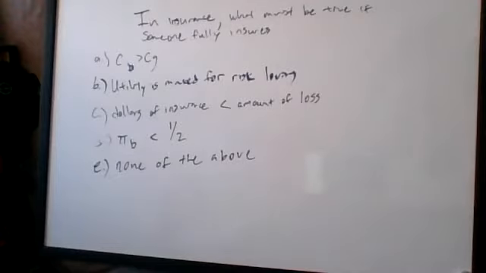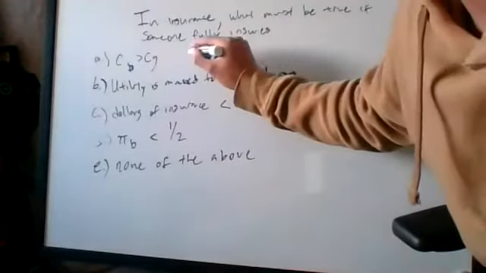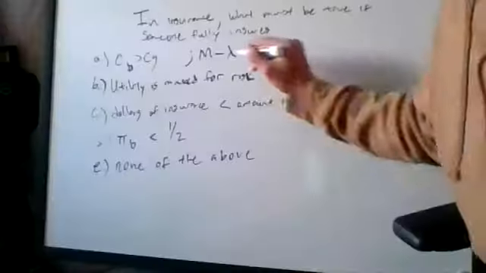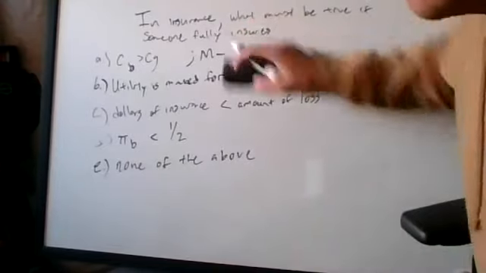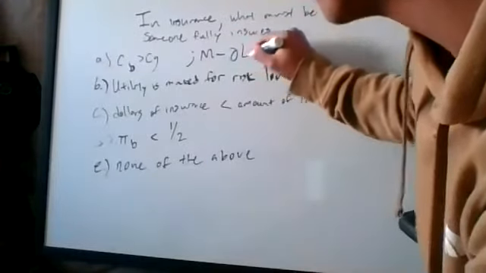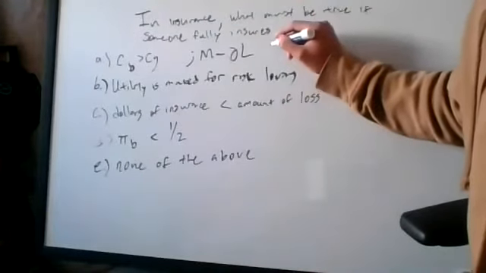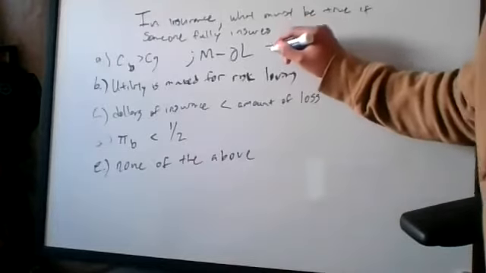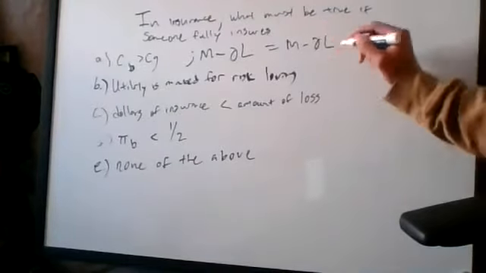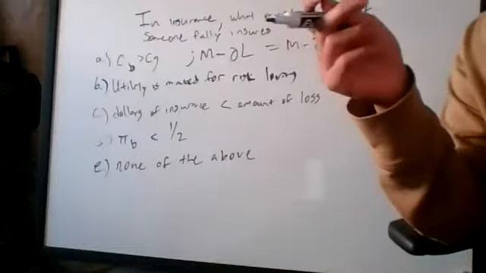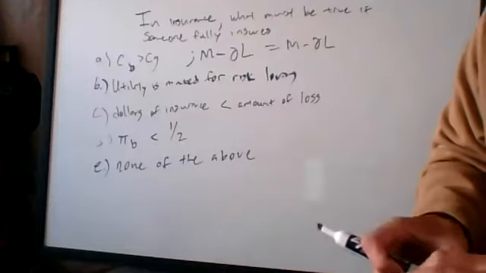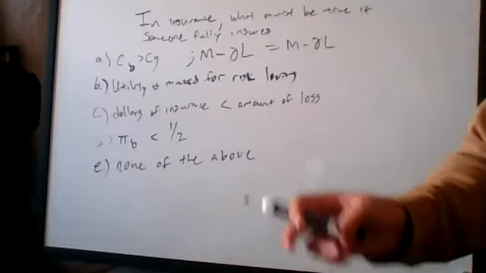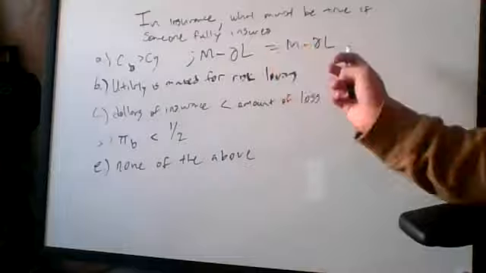We know that our consumption in the bad state is M minus gamma L, and consumption in the good state is also M minus gamma L. So we know that these two are equal to each other, and we showed that in the lecture, when I talked about expected utility and insurance.